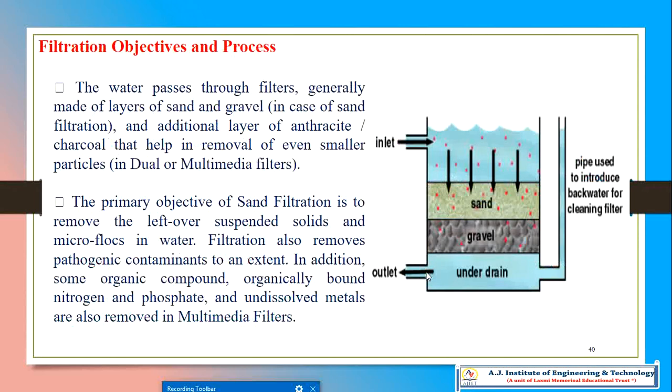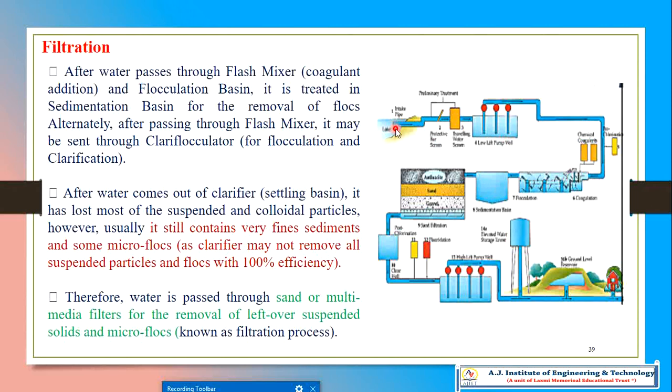See, from here the inlet pipe, this is a lake or any reservoir point, from here we come to primary treatment, that is sedimentation, and from there the coagulation tank, then the filter. After coagulation and rapid mixing, you can see here, then sedimentation, and from here sand filtration will be there.